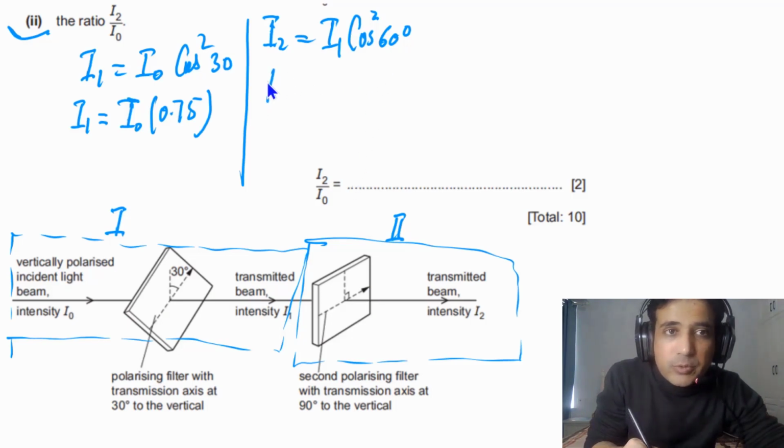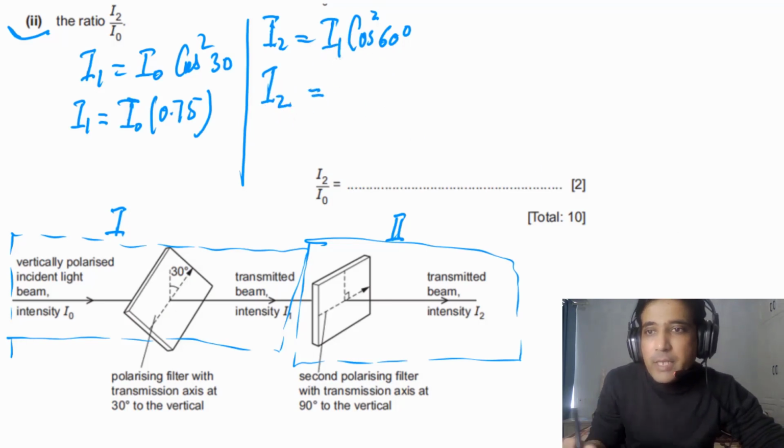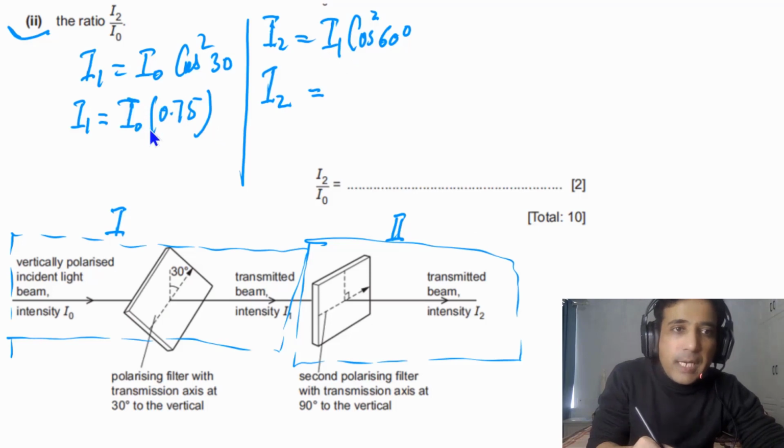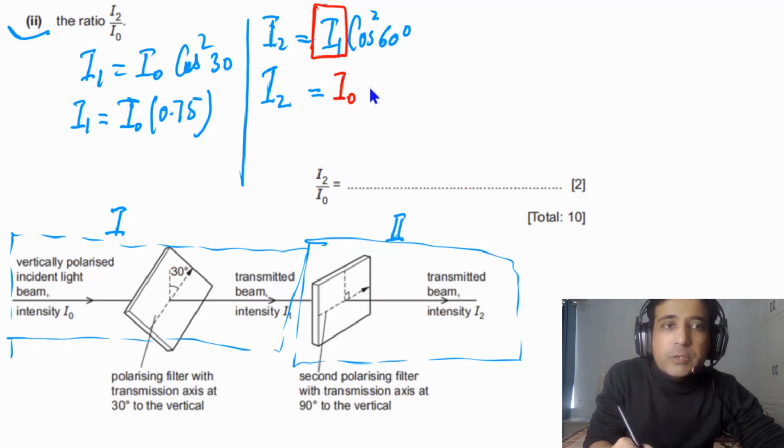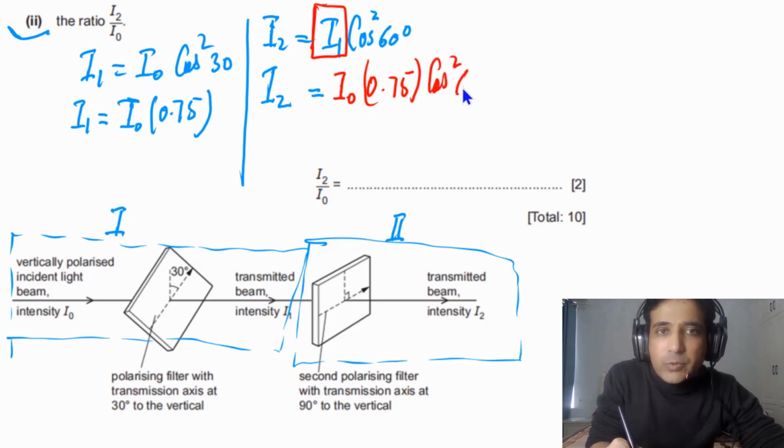So we can write I2 is equal to I1, and now we replace I1 with this, so I2 is I naught times 0.75 times cosine squared of 60 degrees.